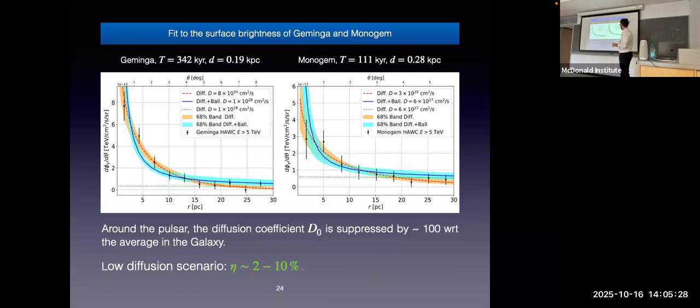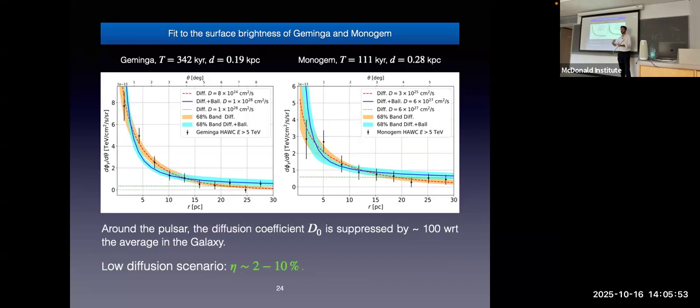In general, an interesting result in order to explain this type of emission is that the diffusion process, which before we always modeled as isotropic in the whole galaxy, seems to be much, much suppressed close to these pulsars. What does it mean? Basically, it means that particles are scattering more close to their sources.